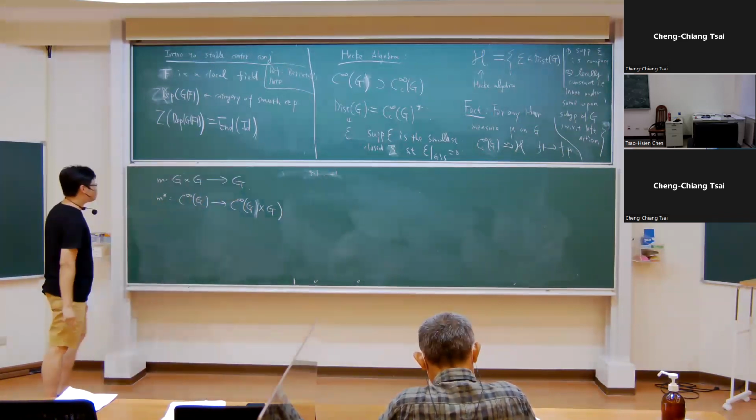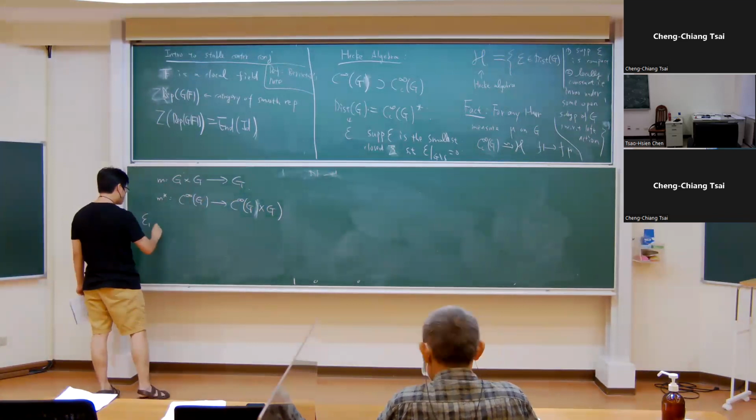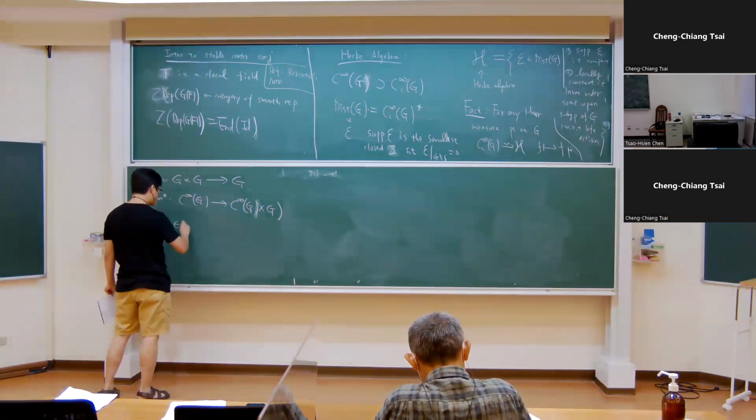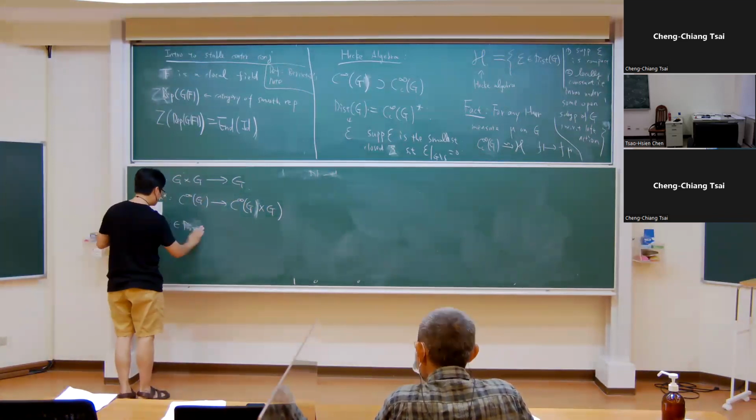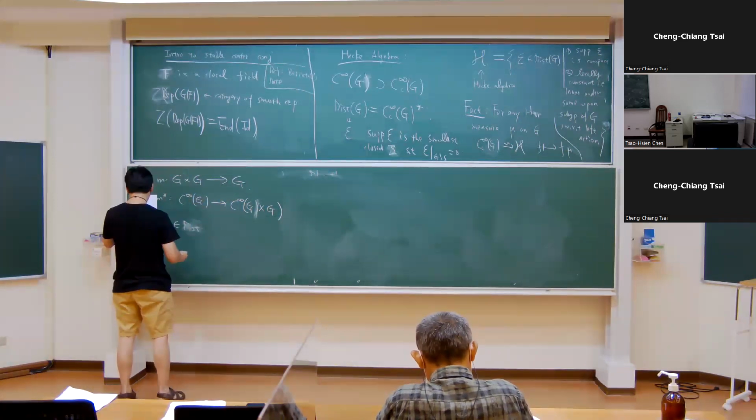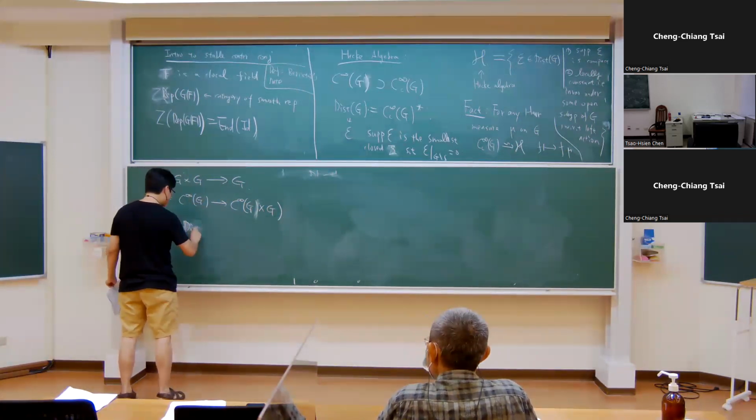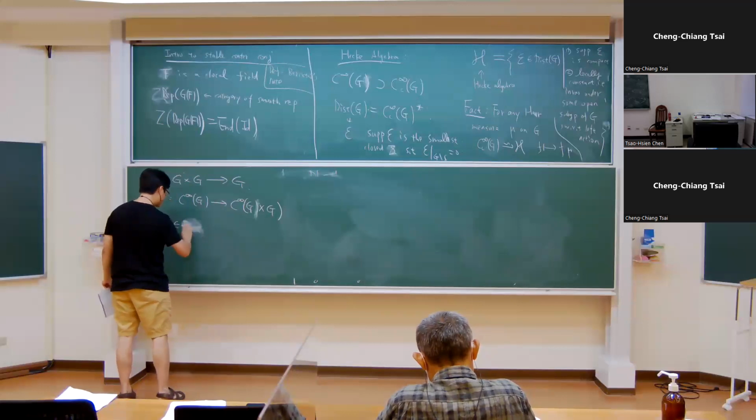Okay, and then you can define the convolution of two distributions, or two elements in the Hecke algebra, say. Well, actually, you only need distributions.